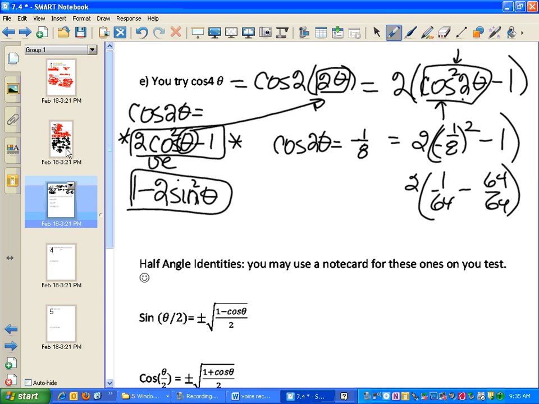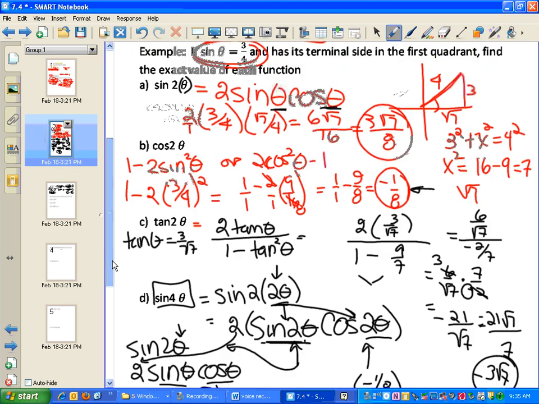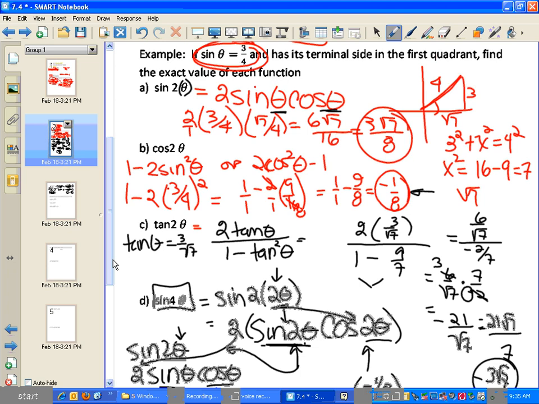Okay. No, we didn't. Cosine of 2 theta. What is the answer to the cosine of 2 theta? It is simply negative 1/8. The cosine of 2 theta is negative 1/8.